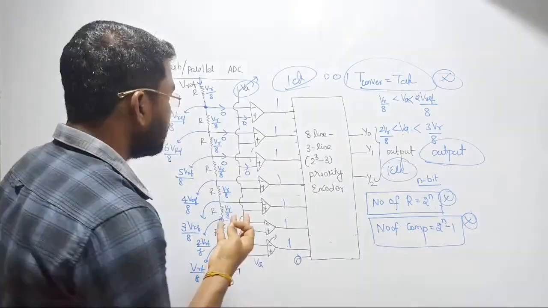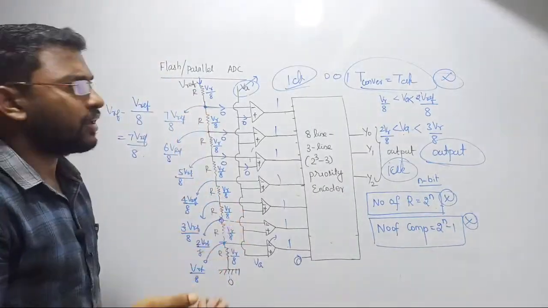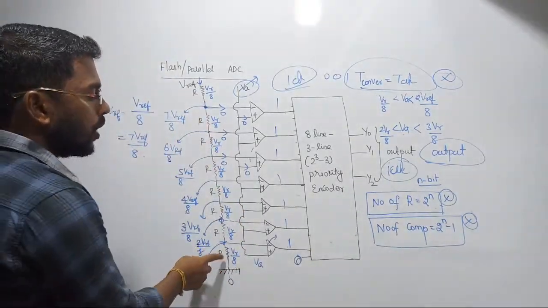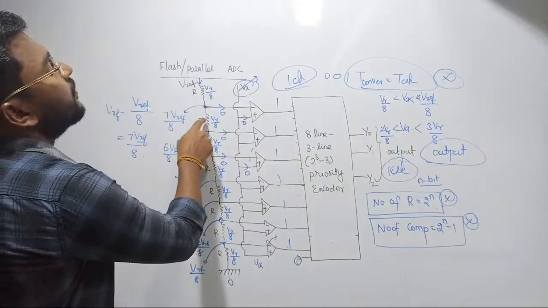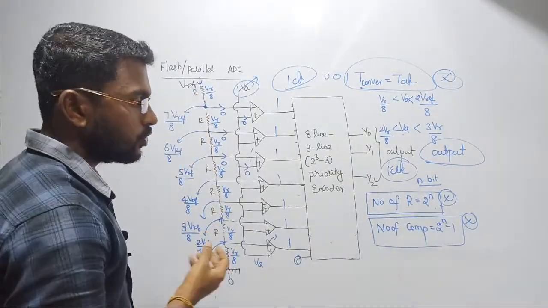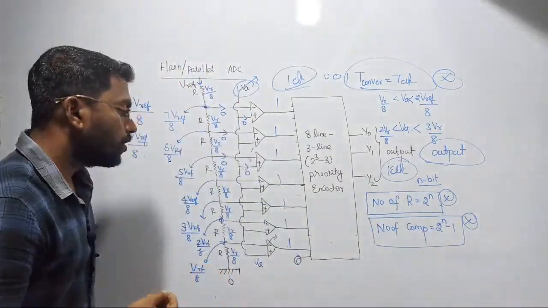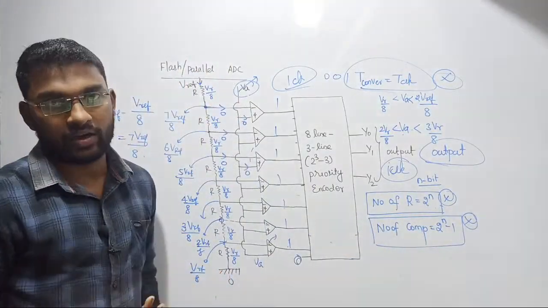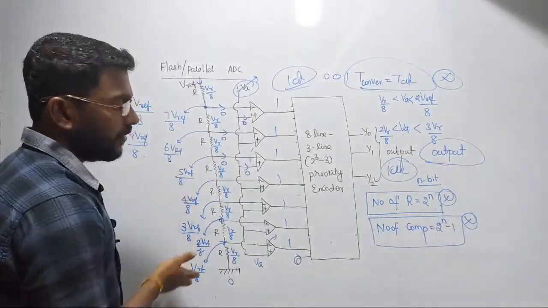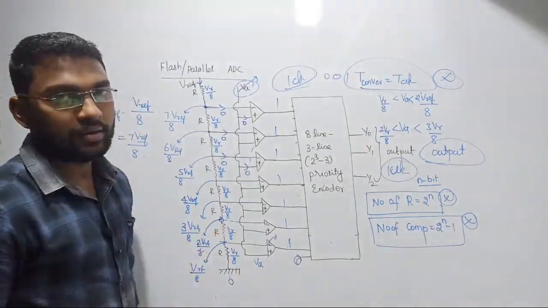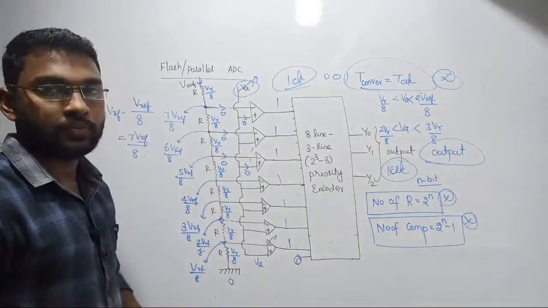Now when I consider 3 bits, how many resistors are there? 1 2 3 4 5 6 7 8. Totally we get 8. So 3 bits means 2 power 3, which gives 8 resistors, so 8 potential dividers. The reference value will be equally divided and shared among all of them.